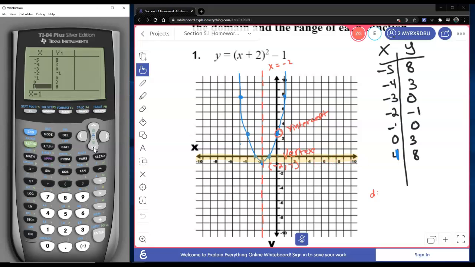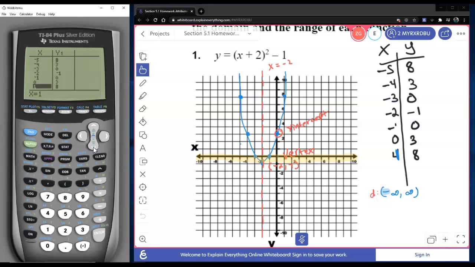And so you notice that we have our domain starting from negative infinity to positive infinity, so that's going to be the domain. Negative infinity to positive infinity.